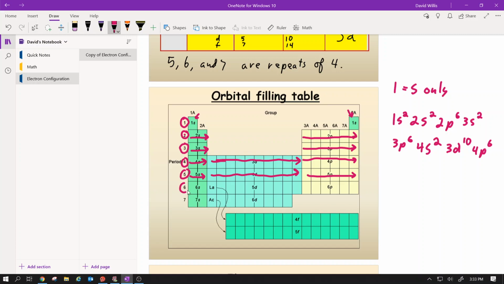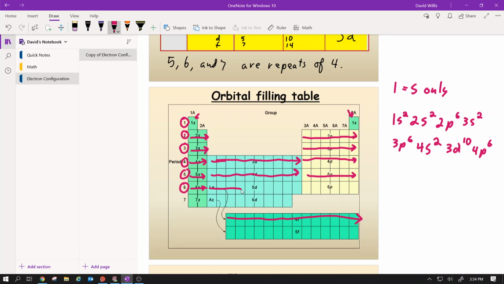When we get to the 6th, we fill in our 6S. Oh, but then you remember that way back at level 4, we were supposed to start getting some Fs. That fourth level is so crowded. Okay, Andrew, that fourth level is super crowded. You can't be putting any more electrons in there until we're already starting the 6th level before those electrons are going to go back and fill in this 4F.